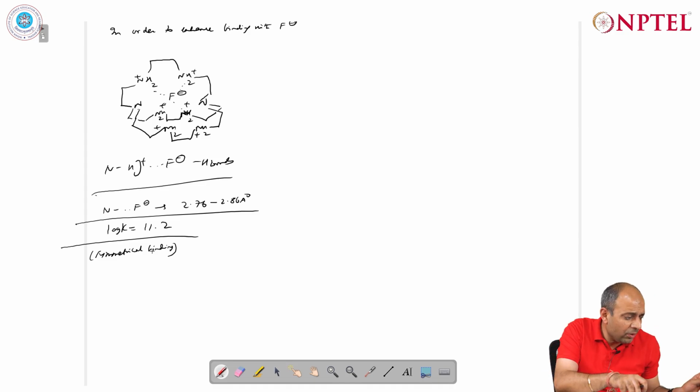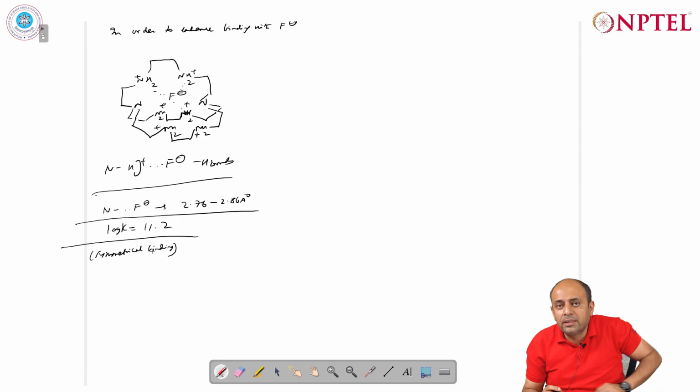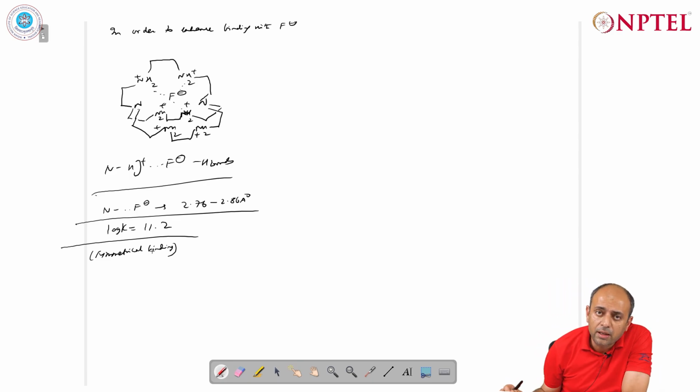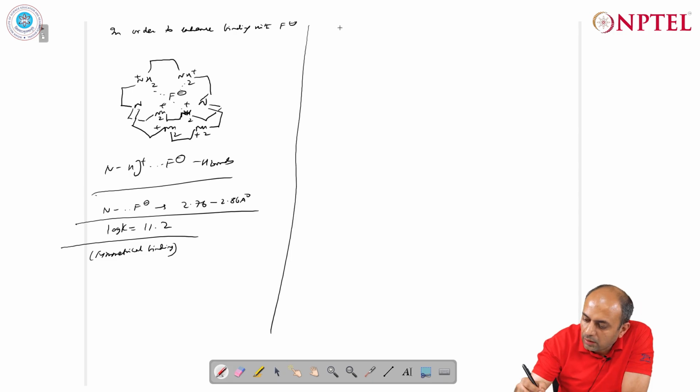The next important set of complexes, which are also of relevance in understanding biological anion receptors, that means proteins which are sensitive to anions, involves another very important receptor, the arginine residues.